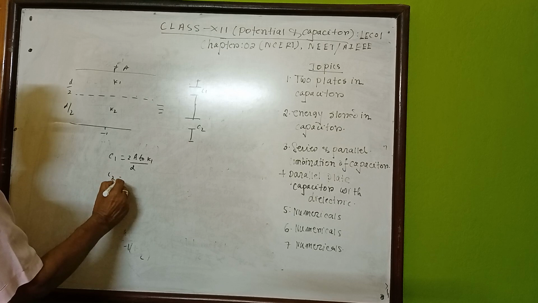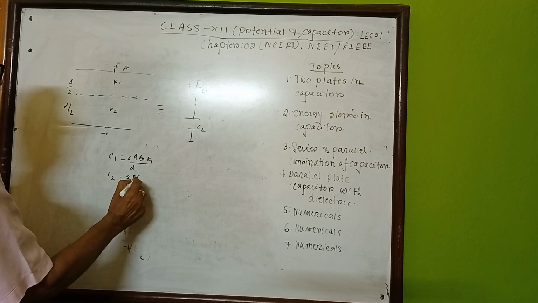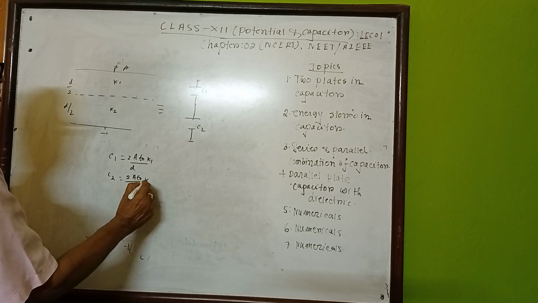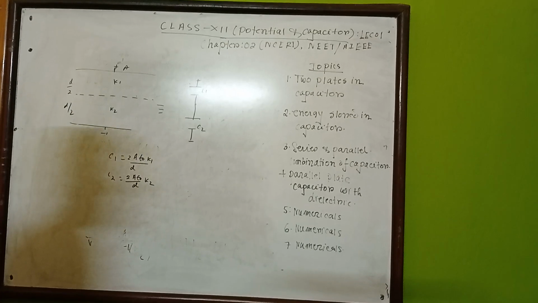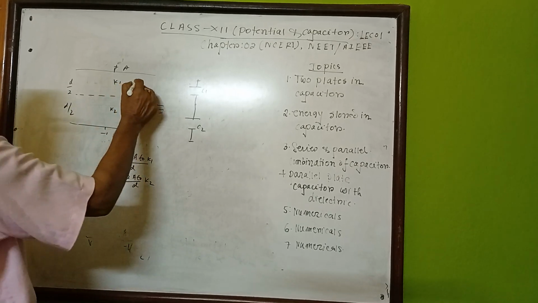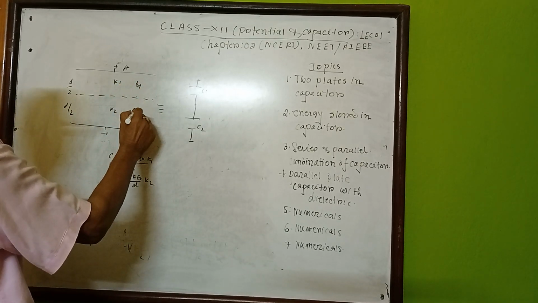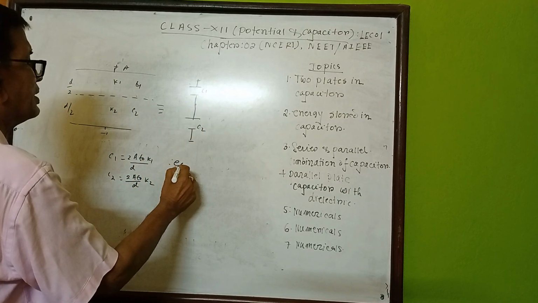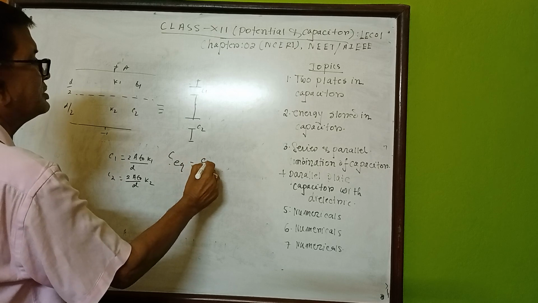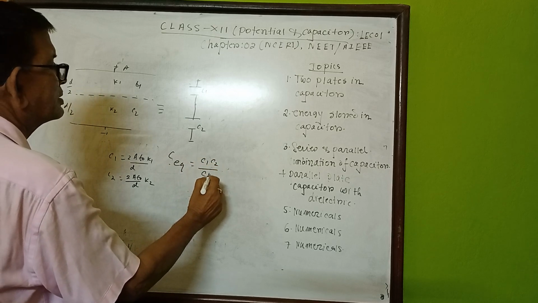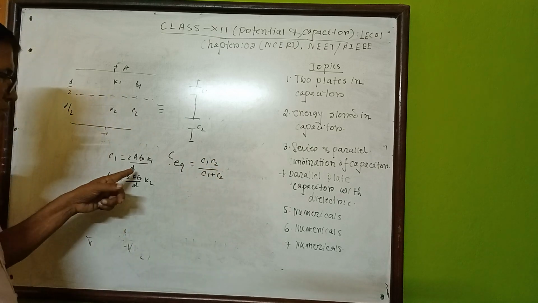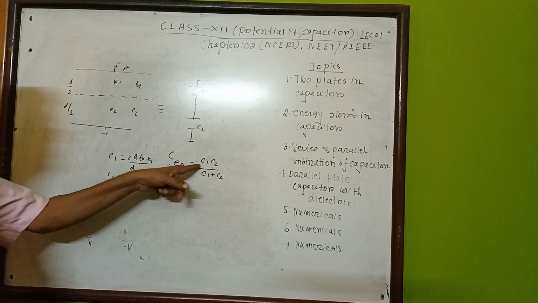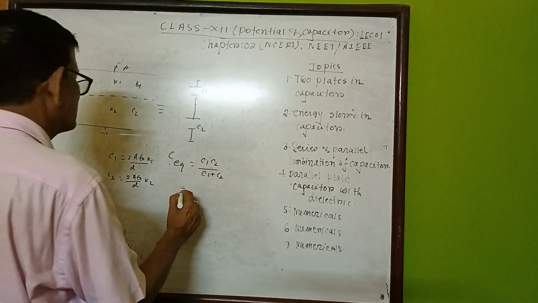C2 is coming 2 A epsilon naught by d, K2. Clear? So individually you are calculating capacitance C1 and C2. Now since they are in series, you get C equivalent equal to C1 C2 by C1 plus C2. From C1 and C2 you put it here, then you get the answer.